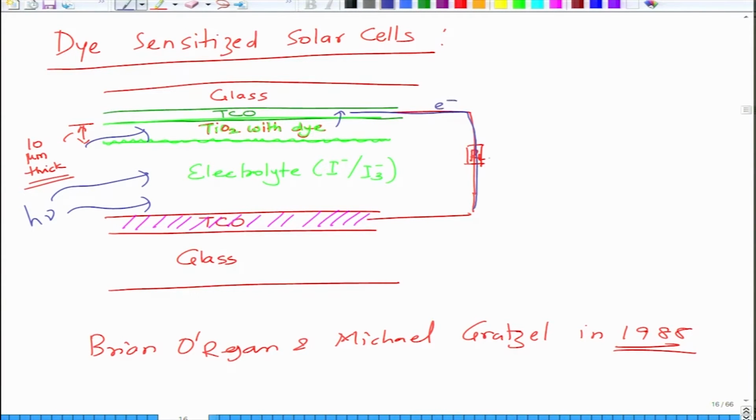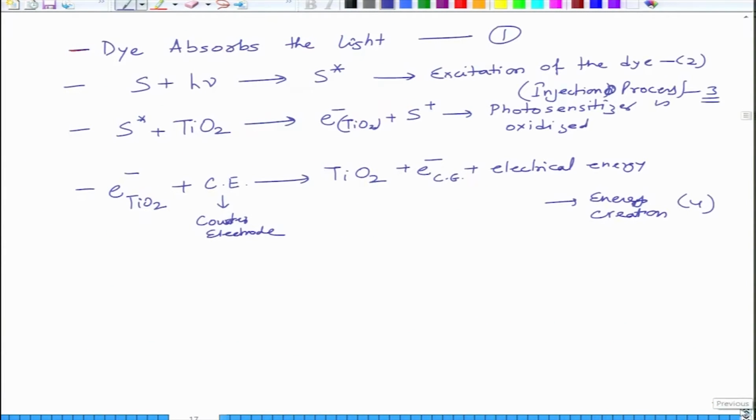So, the electron is going like this, and comes back to this. Once it comes back through the reverse circuit, the dye gets regenerated, because remember the dye was in the S plus state, so it has to get regenerated. There are two processes which happen.